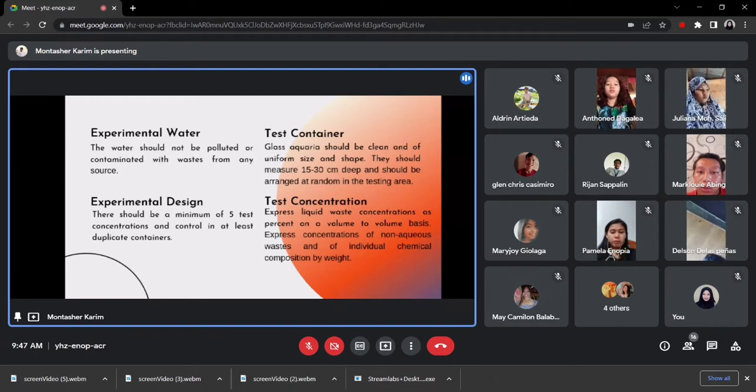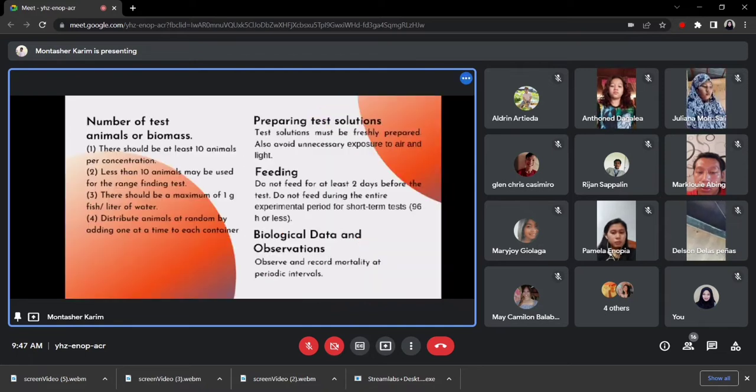They should be measured 15 to 30 centimeters in depth and should be arranged at random in a testing area. Next is the test concentration. Express liquid waste concentration as percent on a volume to volume basis. Express concentration of non-aqueous waste and of individual chemical composition by weight.